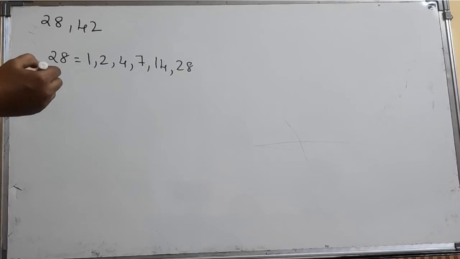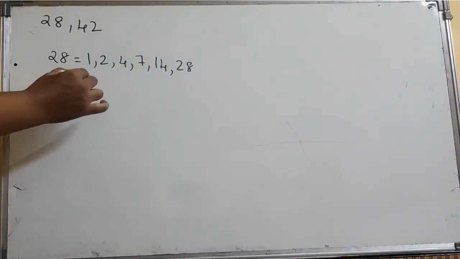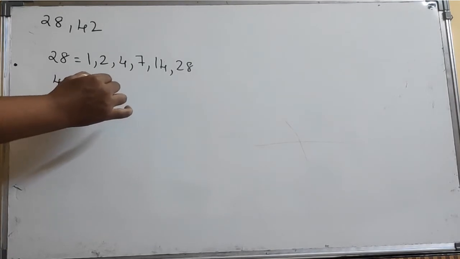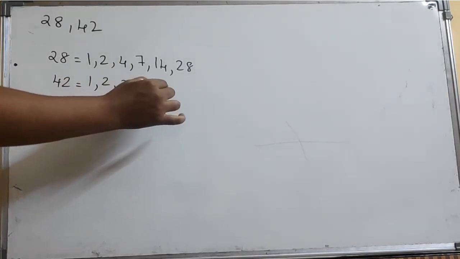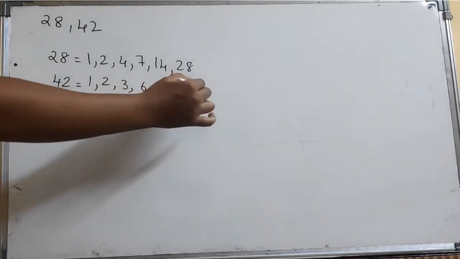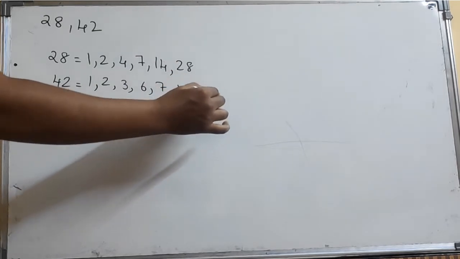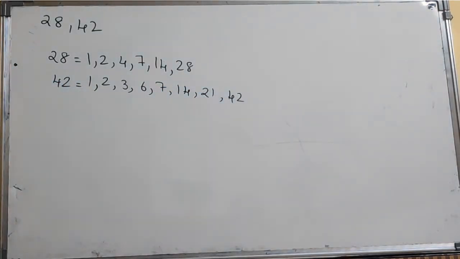Similarly, we will list down the factors for 42. The factors of 42 are 1, 2, 3, 6, 7, 14, 21 and 42.